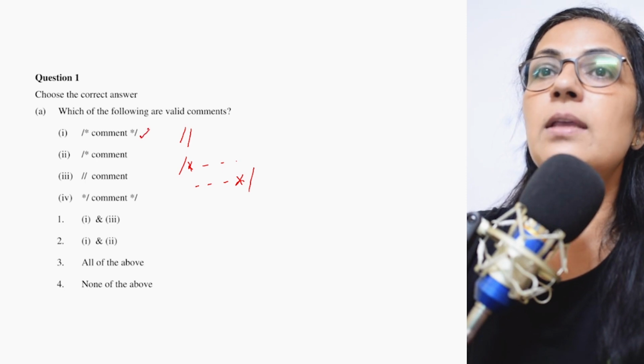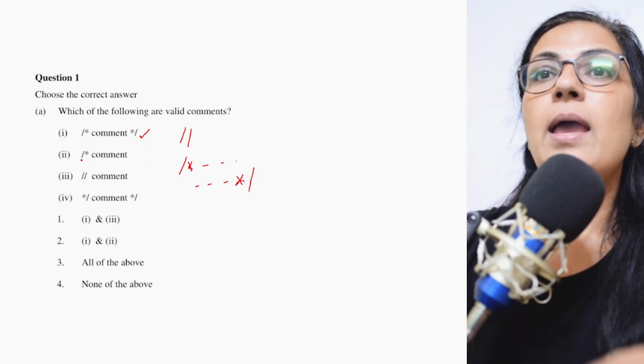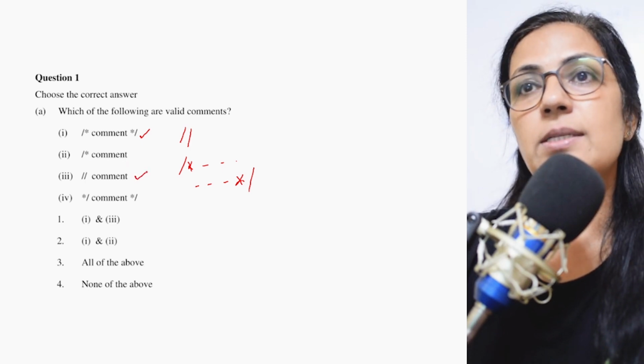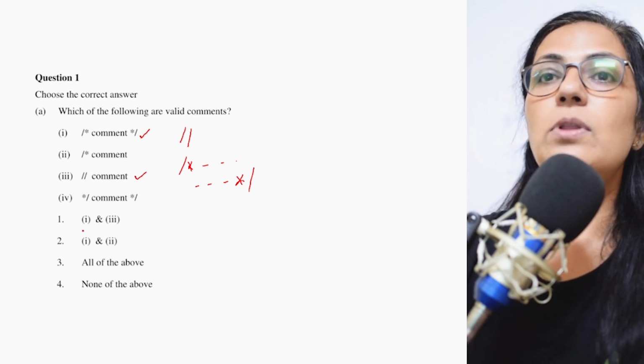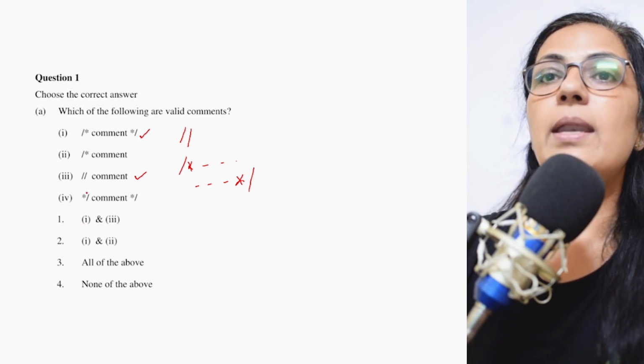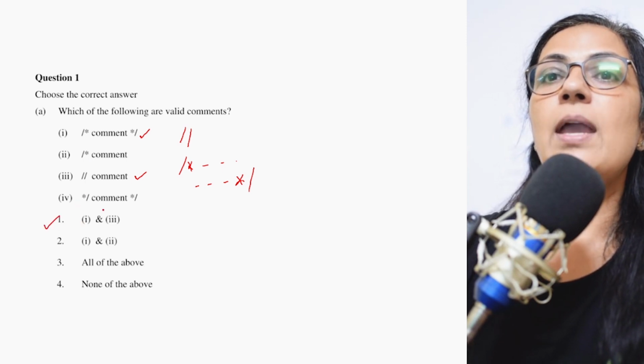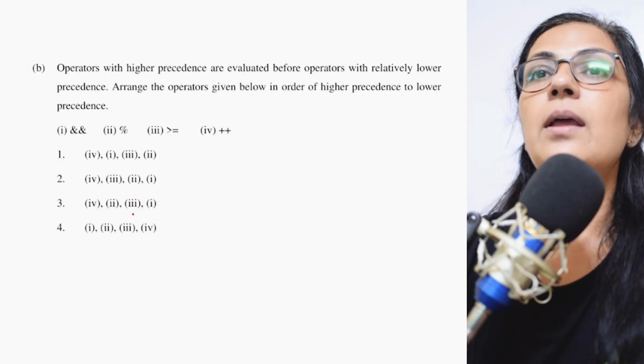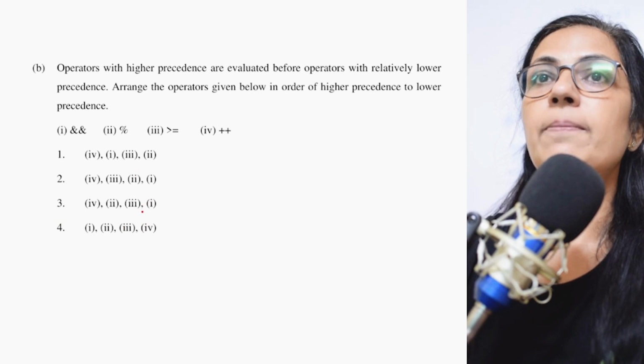Slash asterisk is not the correct option, and double slash is the correct option. This is option 1 and option 3. So we have option 1 as the correct answer. Right, children? Now we move to the second question.